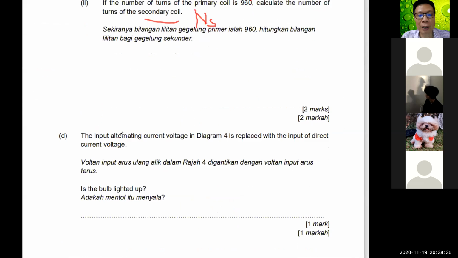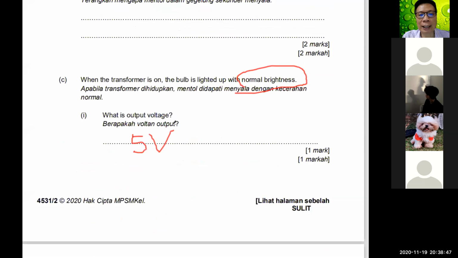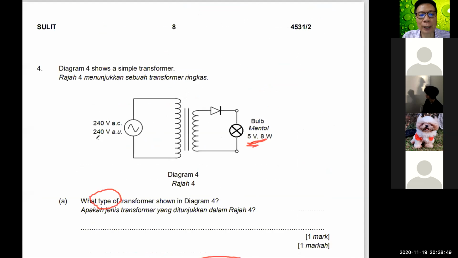The input alternating current is replaced with input direct current. Now we put direct current. Just now you see here, this is supposed to be AC, alternating current. Now you change this to direct current, DC. So they ask you what happened.